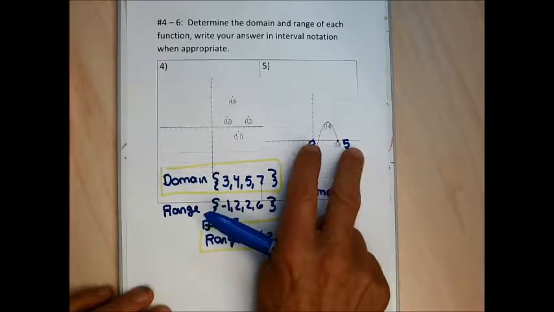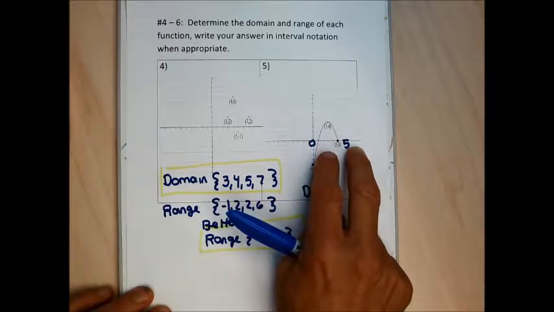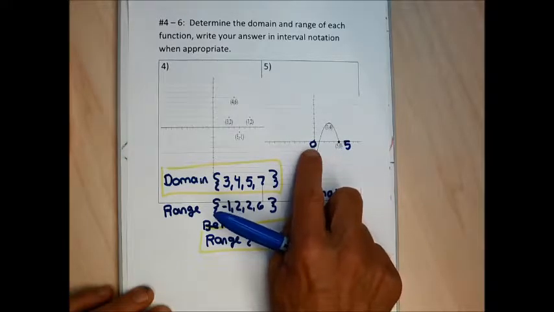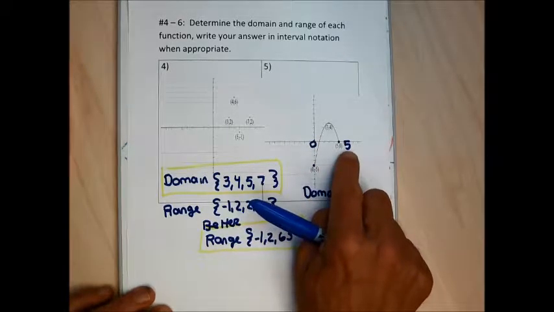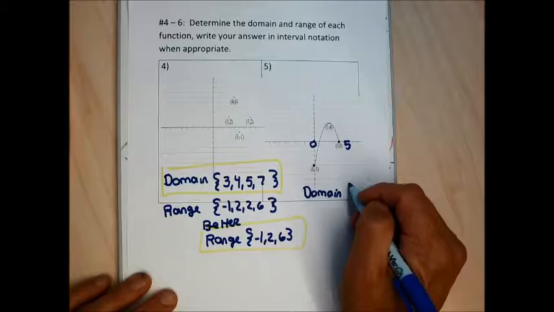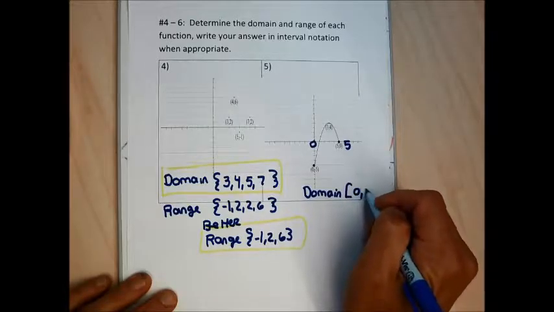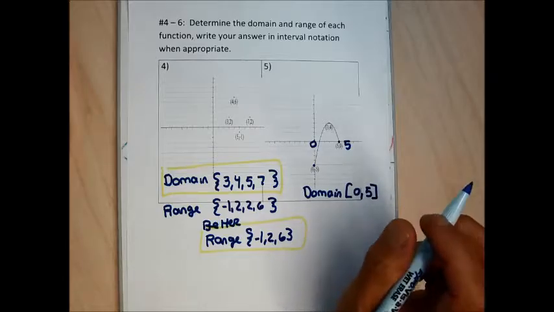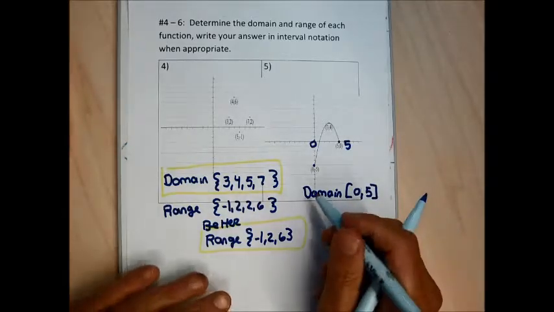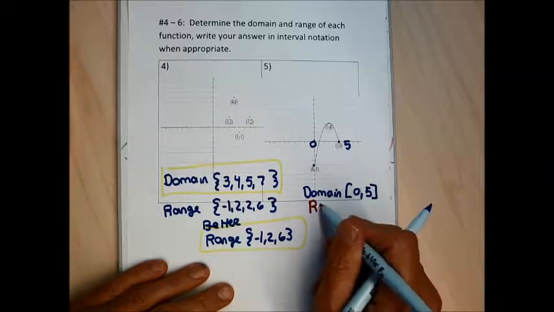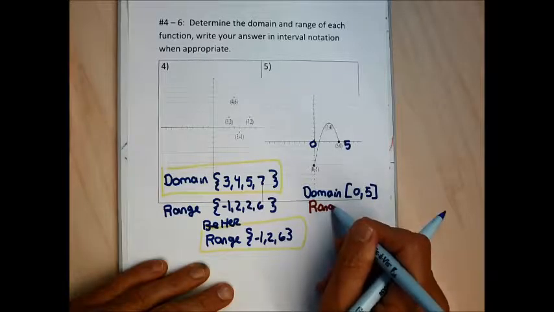The domain, reading in terms of x's, is the x-coordinate of the most left point followed by the x-coordinate of the most right point. And the domain in this case is going to have square brackets because both of those points are on the graph that's given.